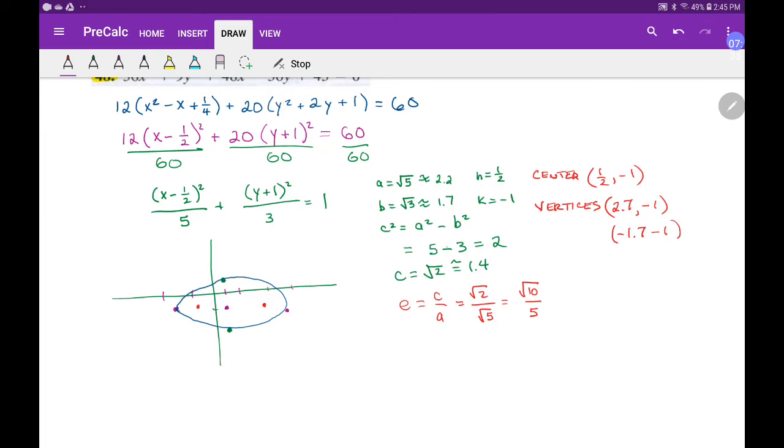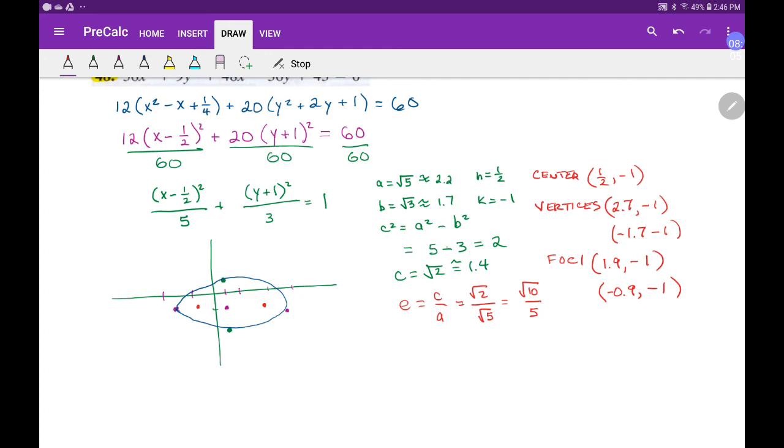And yeah, our foci are from 0.5. We're going to add 1.4, there we go, 1.9, -1, and we're subtracting, so we're going to get -0.9, -1.